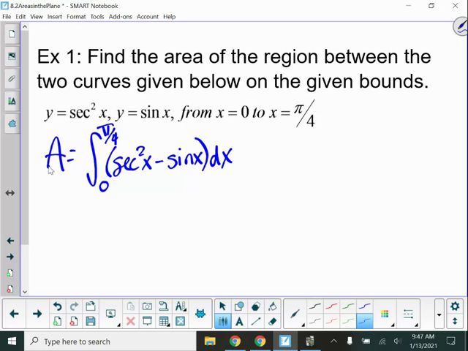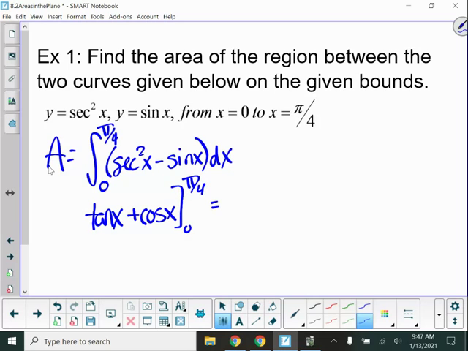Then we would go through and find our antiderivative and plug in our 0 and our pi over 4 using the fundamental theorem. The antiderivative of secant squared is tangent. The antiderivative of minus sine is plus cosine. And again, I'm evaluating from 0 to pi over 4.